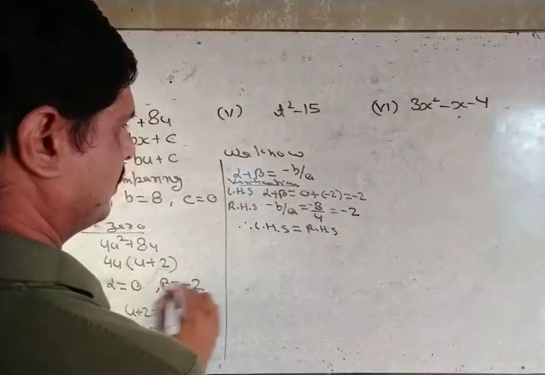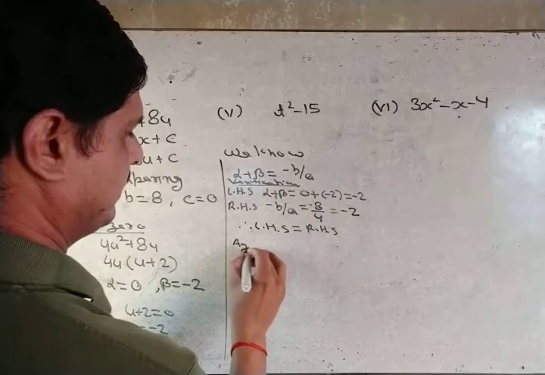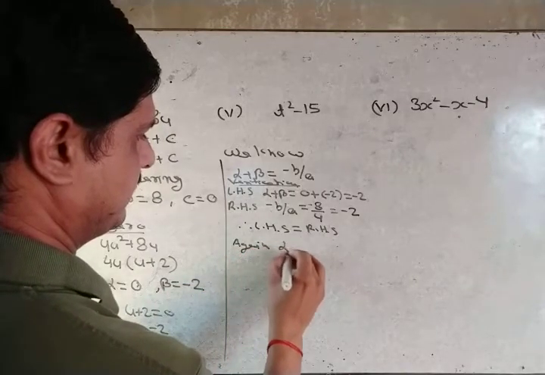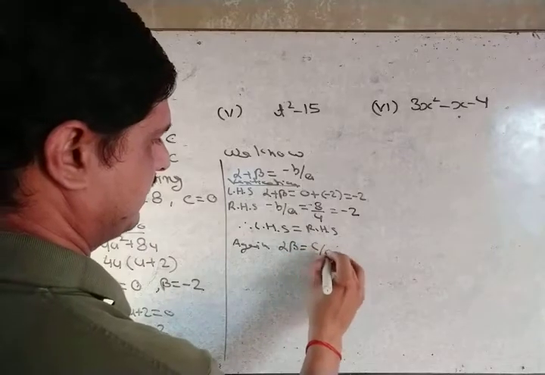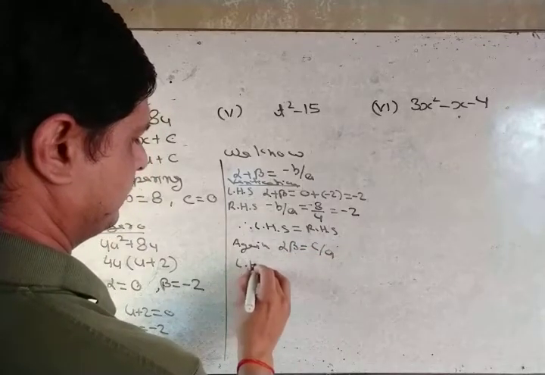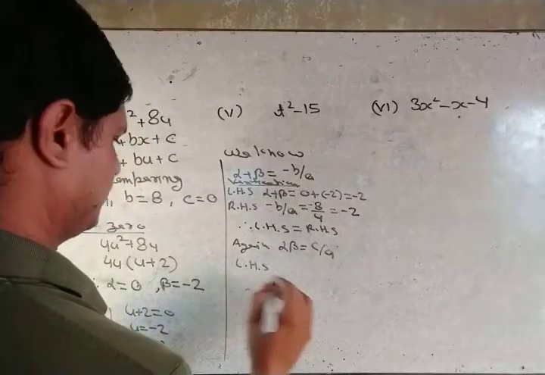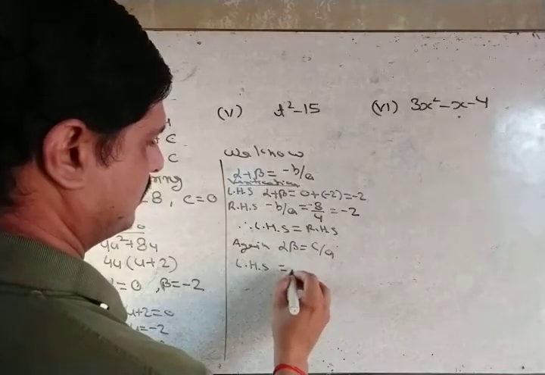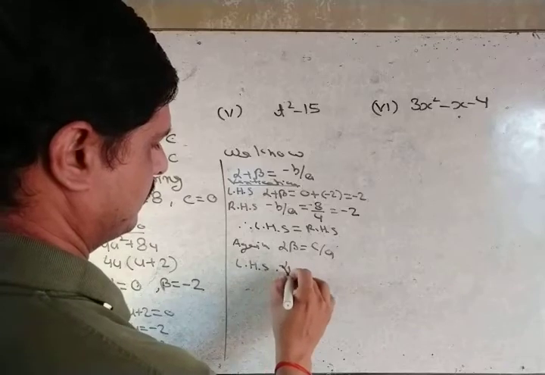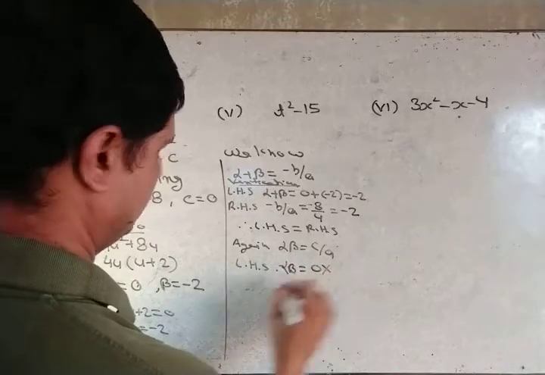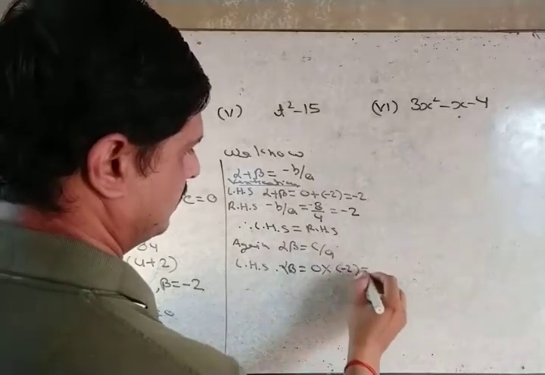Therefore, now again considering alpha beta is equal to c by a. LHS alpha is 0, 0 into minus 2, this is 0.